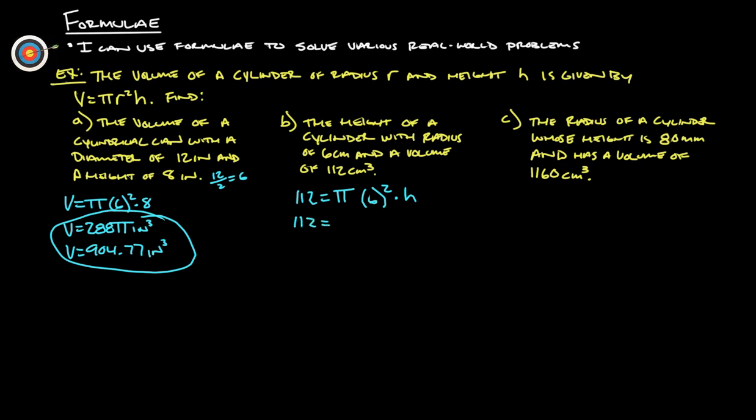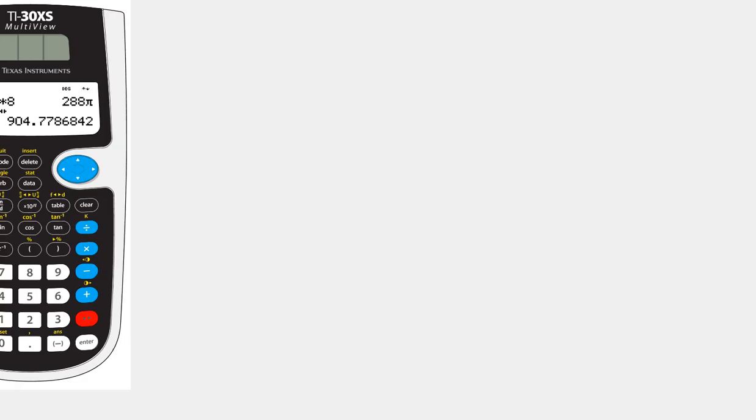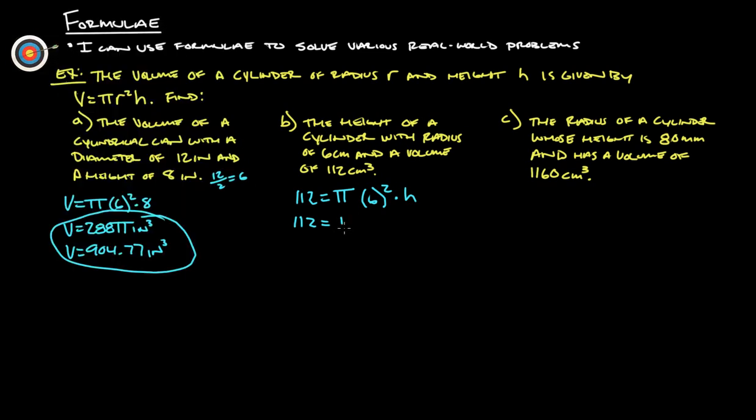So what we really want to do is pi times 6 squared. Pi times 6 squared gives us 36 pi, or 113 point, I'm going to go with 113.10.